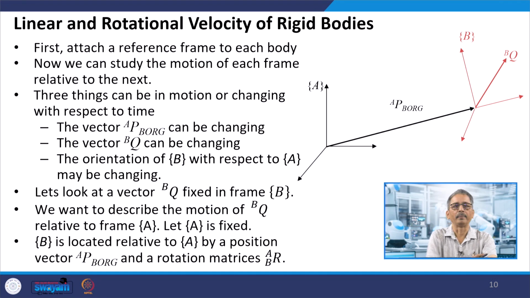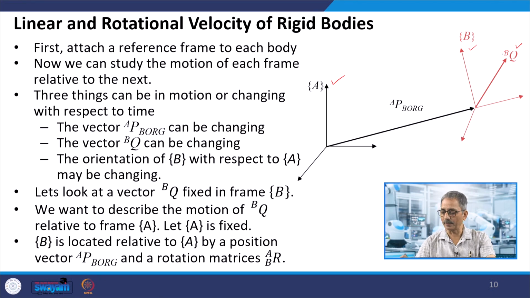Now, let us see the linear and rotational velocities of rigid bodies. Suppose I have a frame A here attached to a body. I have another frame B over here, and on this frame I am defining a vector, say QB.